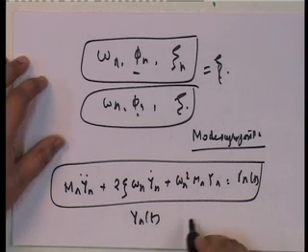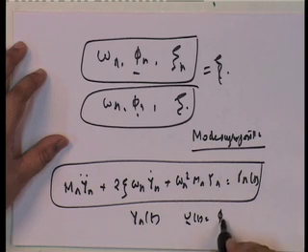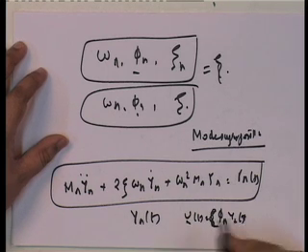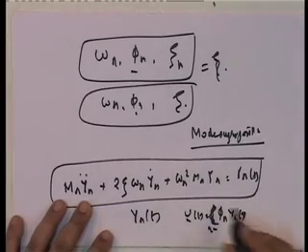And once you get y n of t, v of t is equal to the summation of phi n y n of t, which we saw was equal to phi into y, n going from 1 to n.